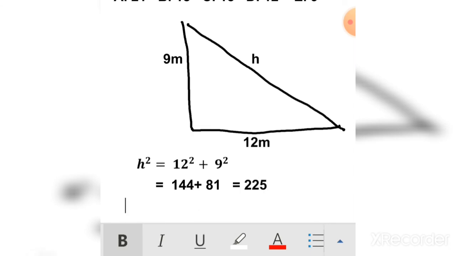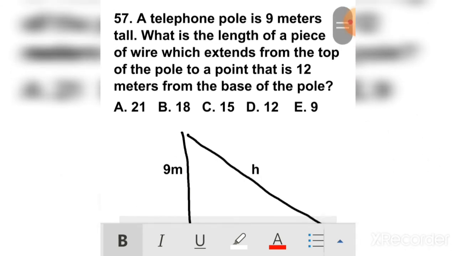Then the length of the wire is equal to the square root of 225, and that is equal to 15 meters. So the length of the wire is 15 meters. And the correct answer from our choices is letter C.